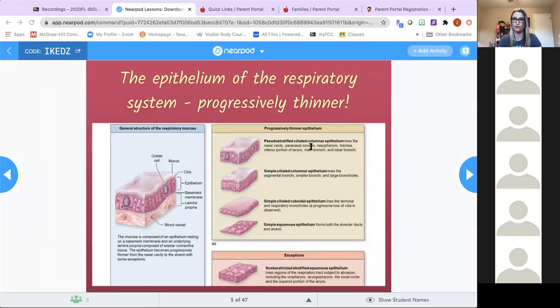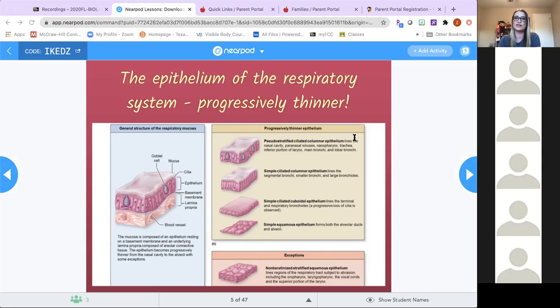That is a mouthful, but it's pseudostratified, that's just the type of epithelium. Glandular because it contains glands that are producing mucin. It's ciliated, so whenever you're naming tissues, you have to say if it's ciliated. And then it's columnar epithelium.